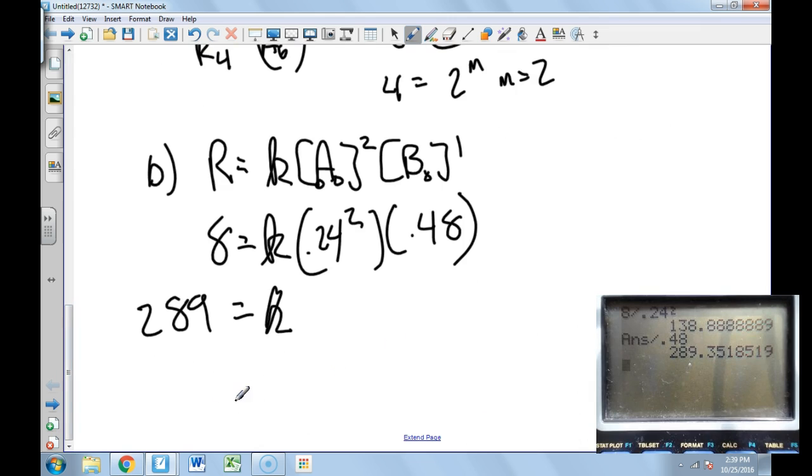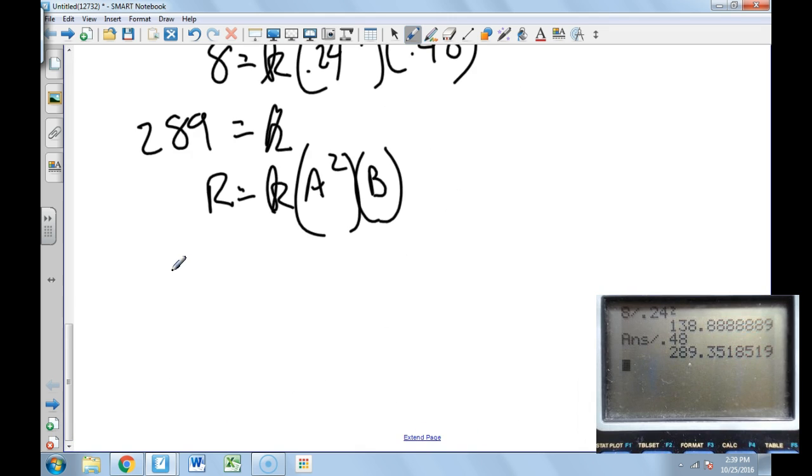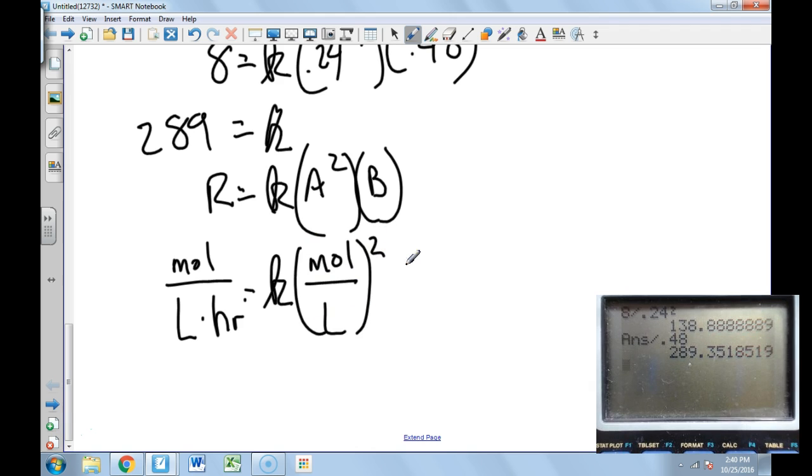Okay, so now we're going to do the same sort of thing. R equals K A squared B, and R is going to be in moles per liter times hour, and that equals K, which we don't know, times moles per liter squared, times moles per liter.